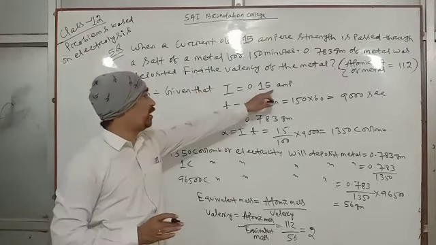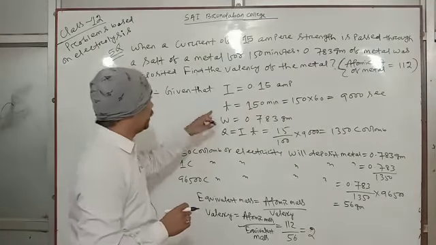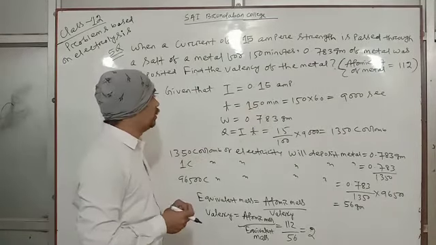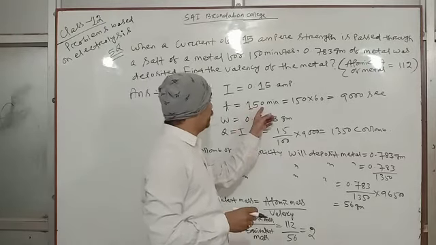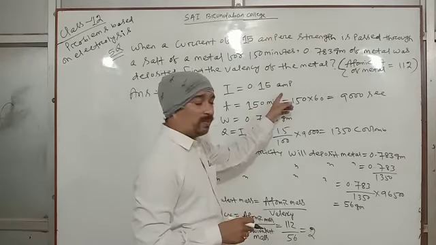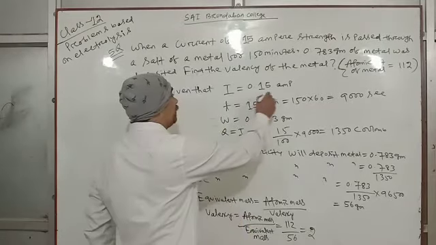So I equal to 0.15 ampere, T equal to 150 minutes. The current is given as 0.15 ampere, and the time is given as 150 minutes.